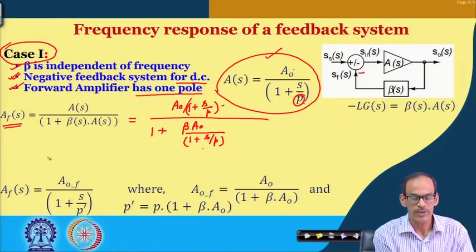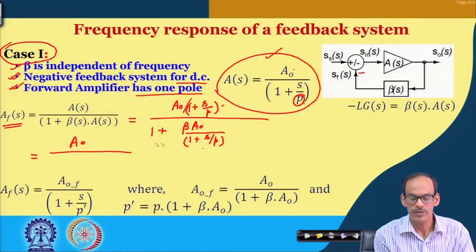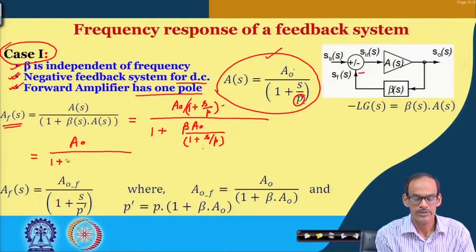So, what we have in the numerator is A naught, and in the denominator 1 plus s divided by P plus beta into A naught.